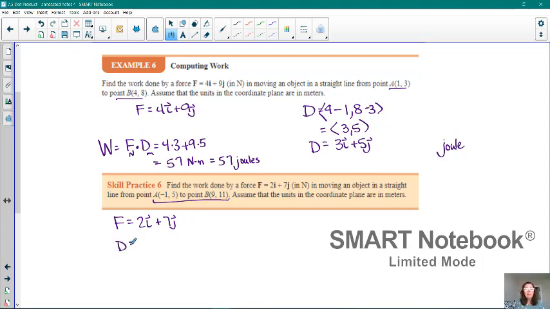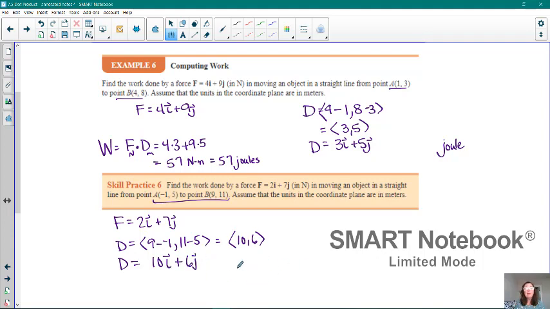So to do that, we will say 9 minus negative 1, 11 minus 5, and we get <10, 6>. Putting that in ij form, 10i plus 6j.